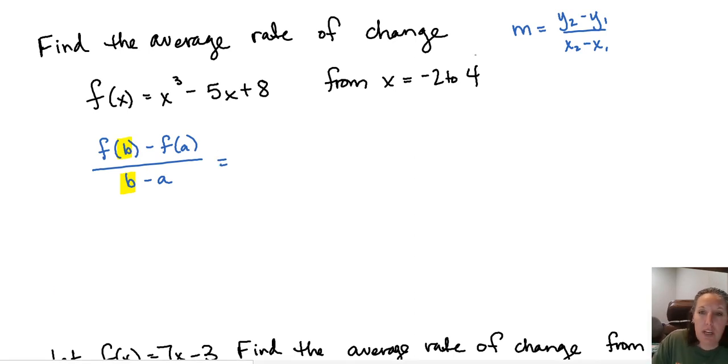All right, so if we plug in, normally you have a be the smaller number, so I'm going to go ahead and plug in x equal -2 as our a and x equal 4 as our b.